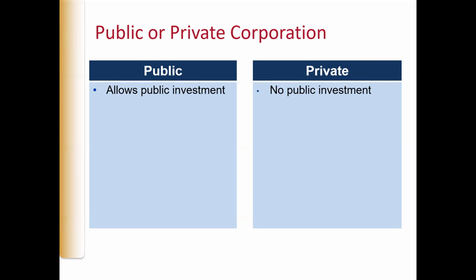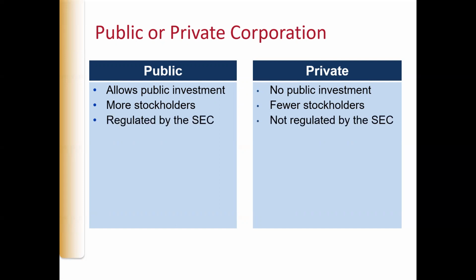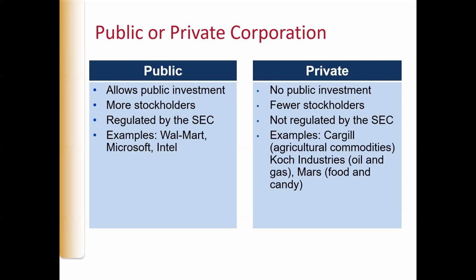The public corporations allow for public investment on the stock exchanges, which ultimately gives more stockholders and more money. But they also are regulated by the Securities and Exchange Commission, which has many rules they need to adhere to. Examples of public companies: Target, Walmart, Apple.